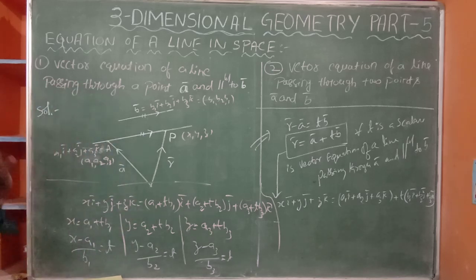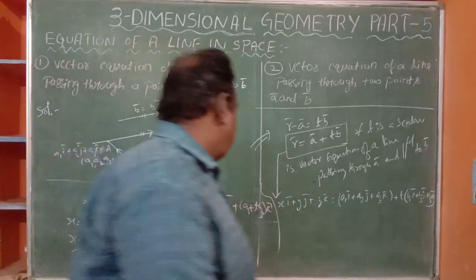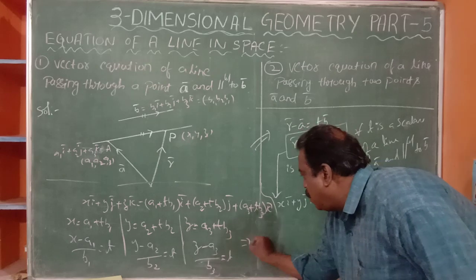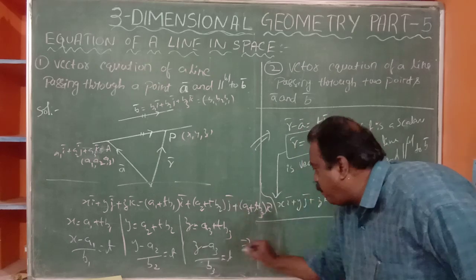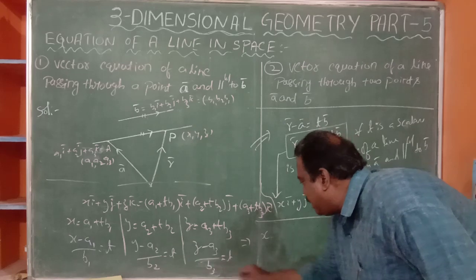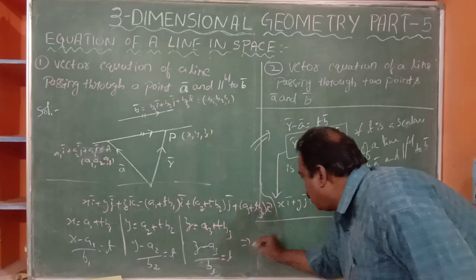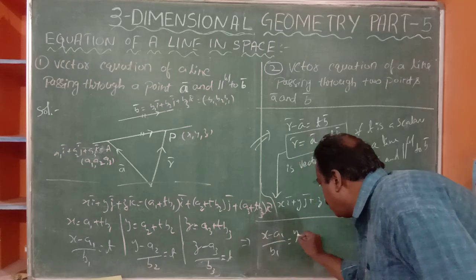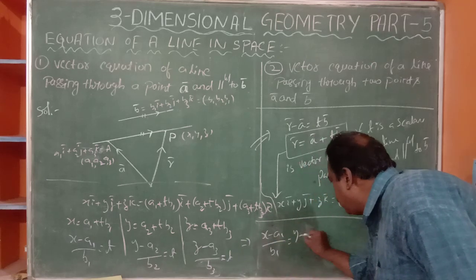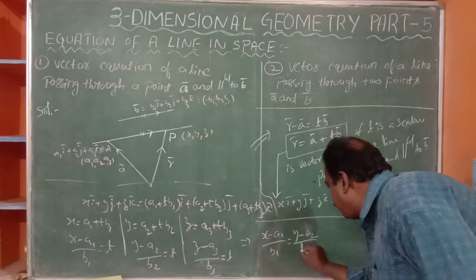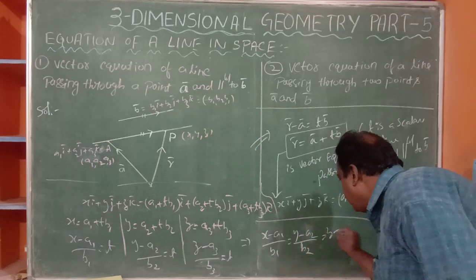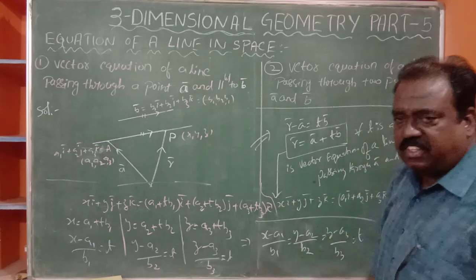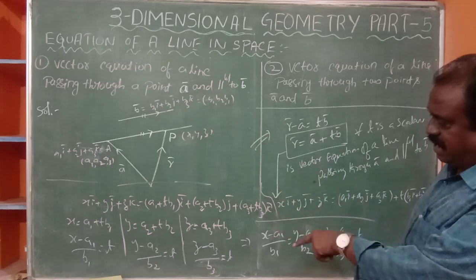Therefore, x minus A1 by B1, y minus A2 by B2, z minus A3 by B3 is equal to t. t is equal to the x term, y term, z term.